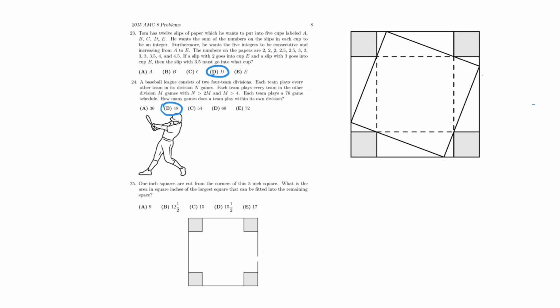So a square like this is the largest square we can do. Cut off the 1 by 1, so that's 1, 1, 1, 1. So in the middle will be 3. And also this side is still 3.